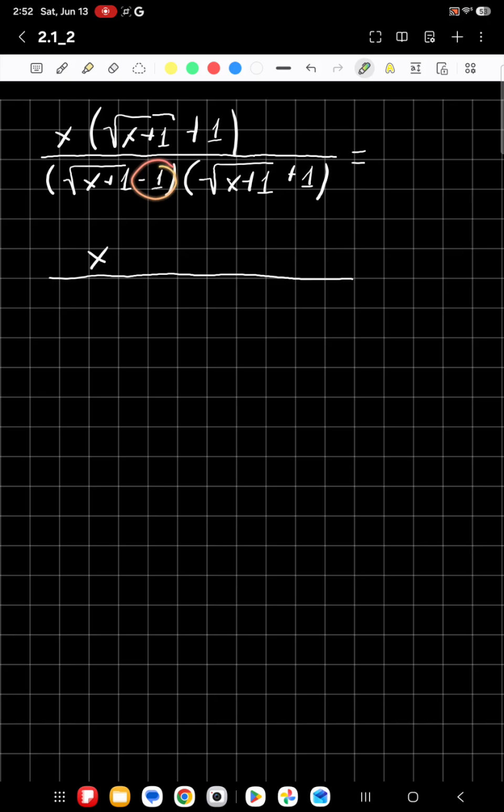And when you take negative 1 and multiply it by this, you get the negative of that. So these two will be opposite, positive and negative, and they will cancel out. So we have x times the square root of x plus 1 plus x, and the bottom, if I'm multiplying these two, I'm basically squaring it, so that cancels that square root.